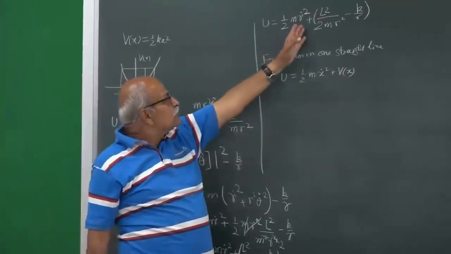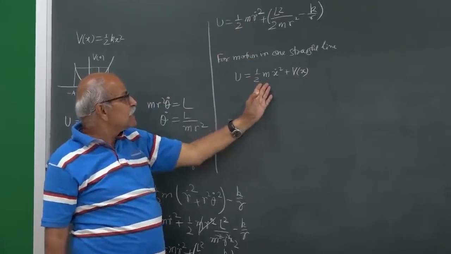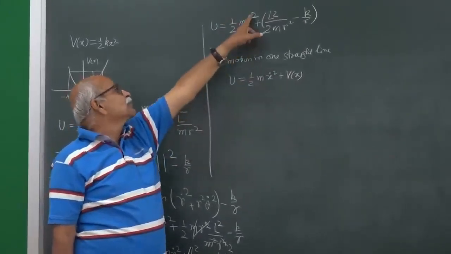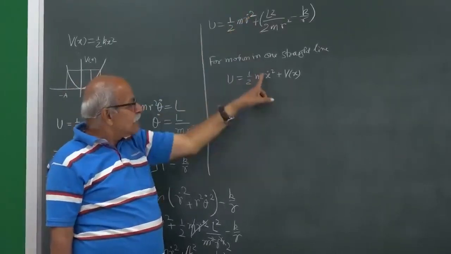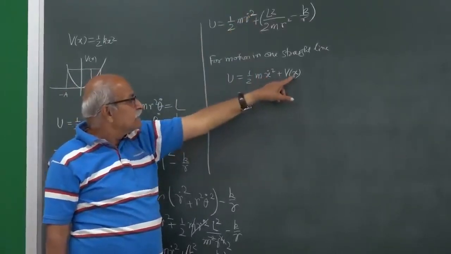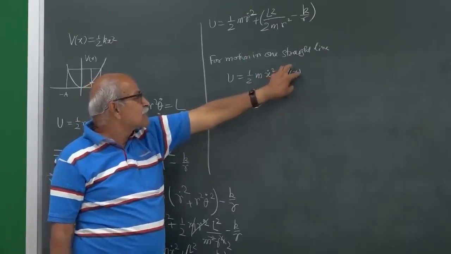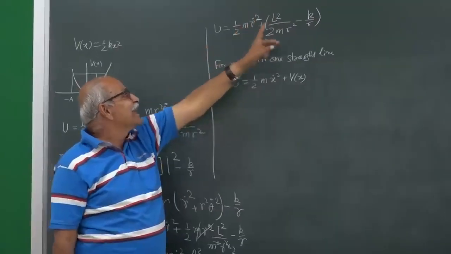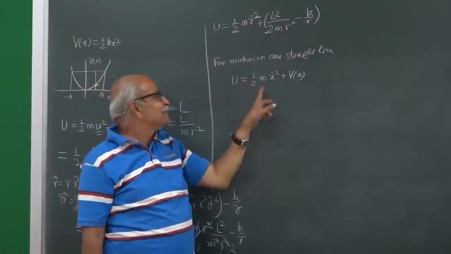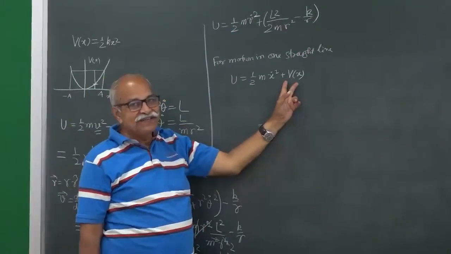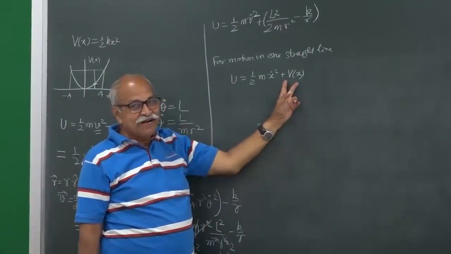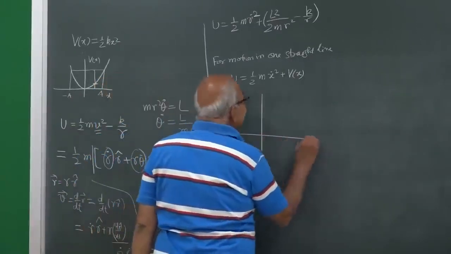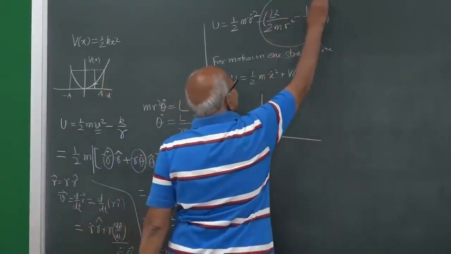Now, this equation is somewhat of this type: half m x dot square, half m r dot square, with a function of r here and a function of x there. So you can draw a diagram where this quantity is plotted.